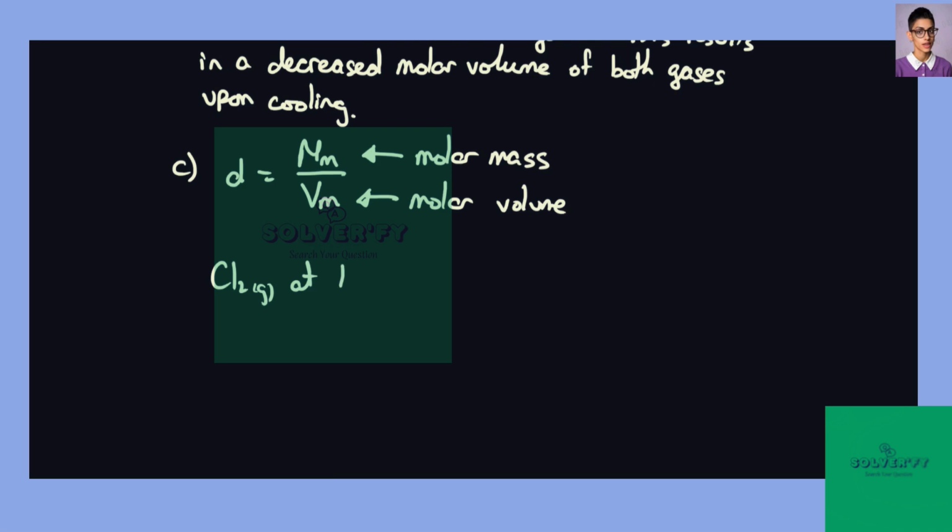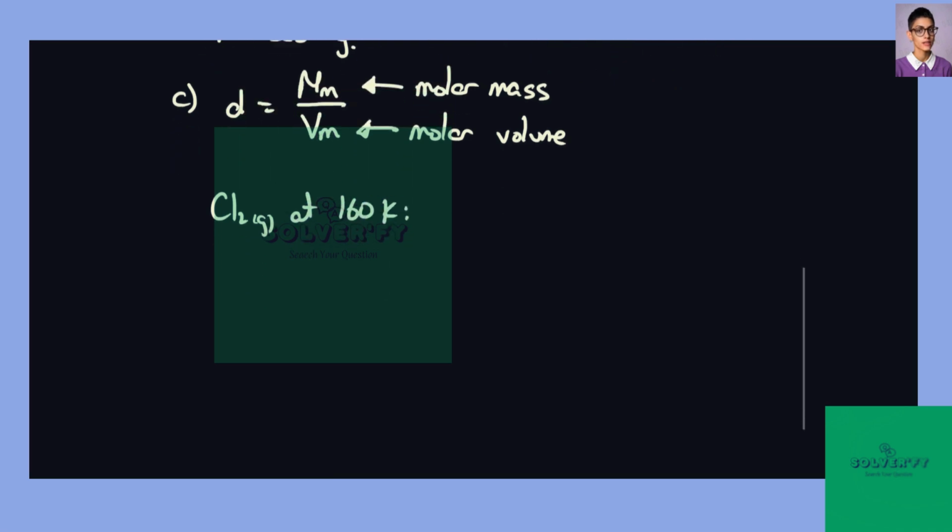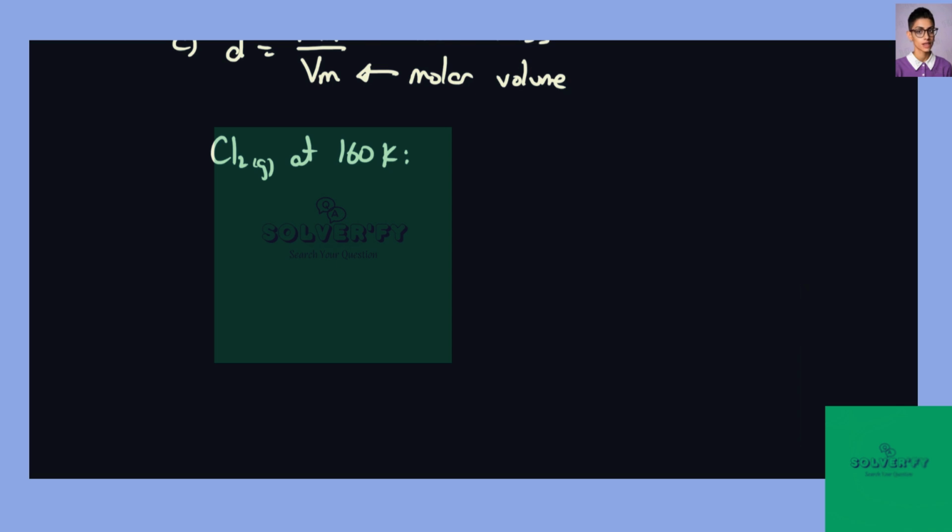So we'll look at Cl2 gas at 160 Kelvin, and we'll calculate its molar volume. We're given its density as 2.02 grams per centimeter cubed, and molar mass here is 71.0 grams per mole, and this would be our molar volume here.